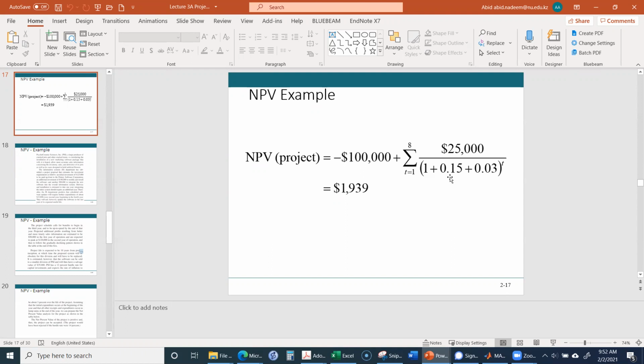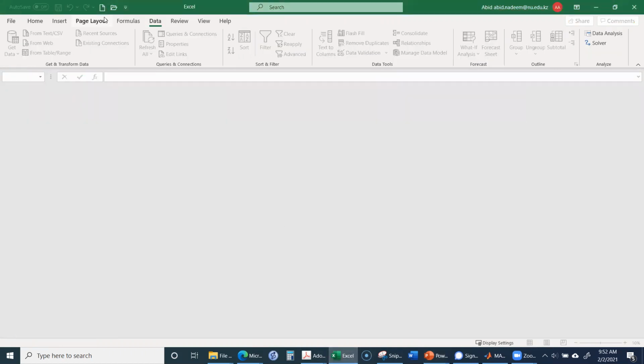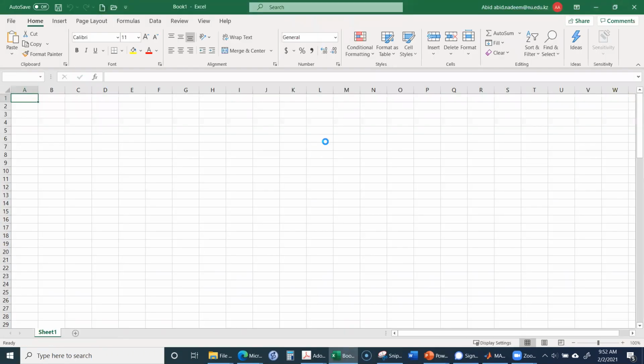Using a 15% hurdle rate and a 3% inflation rate, we have found that the net present value of the project is $1,939. So let's see how it looks in our Excel.